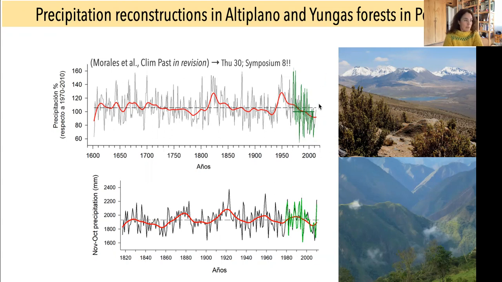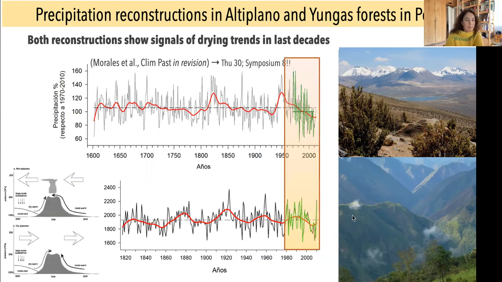So both reconstructions, from the Altiplano and the tropical Andes, show very good agreement with the instrumental record, as you can see in green, and also display signals of drying trends in the last decades. Thus, this is suggesting that a similar or analogous dynamic climate mechanism is influencing the precipitation trends over the tropical Andes and the Altiplano region in Peru.